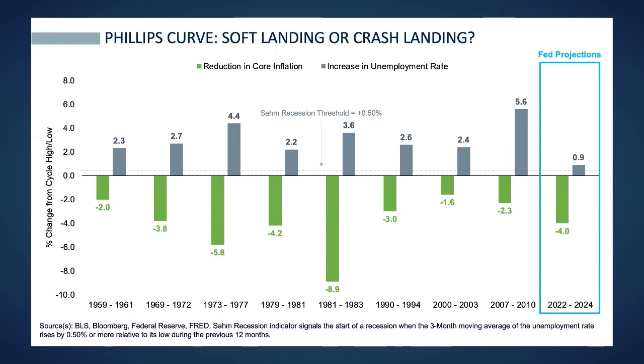Historically, if you look at the green bars, those have been the past reductions in year-over-year core inflation that the Fed has been able to manufacture. And the blue line is the corresponding increase in the unemployment rate, the grayish blue bars there.